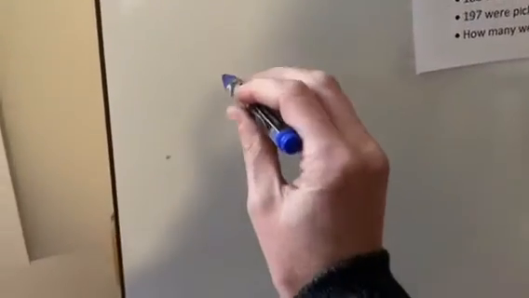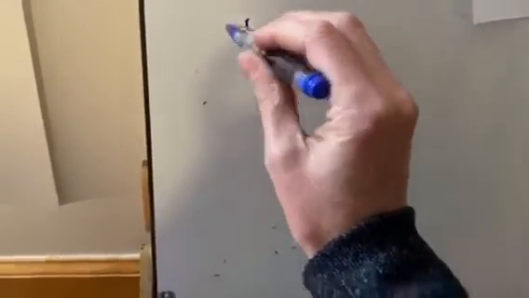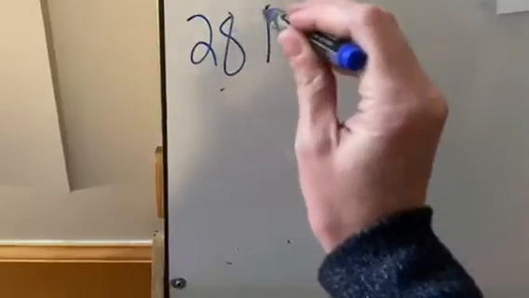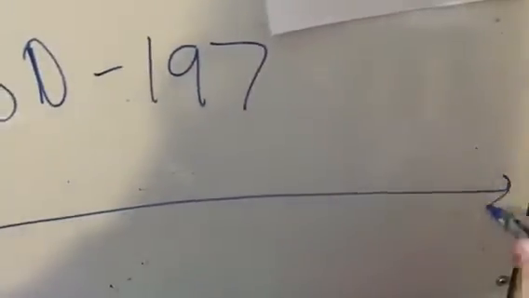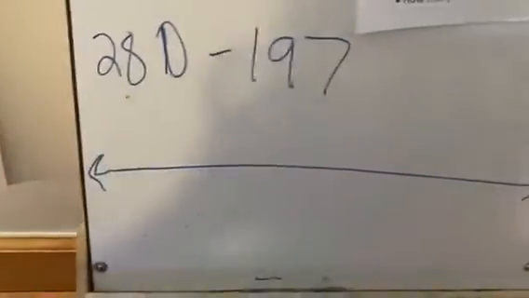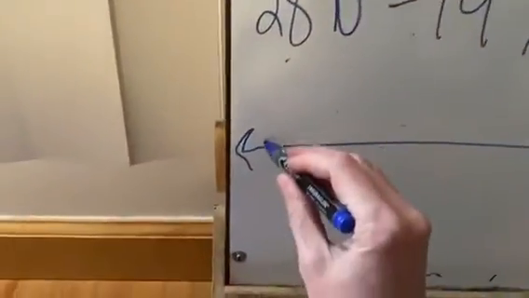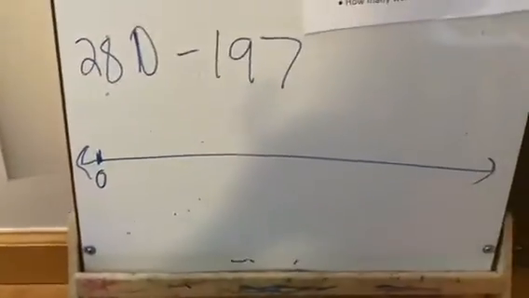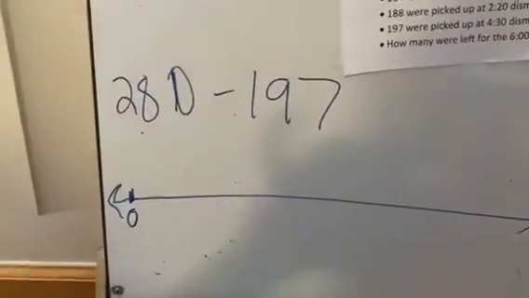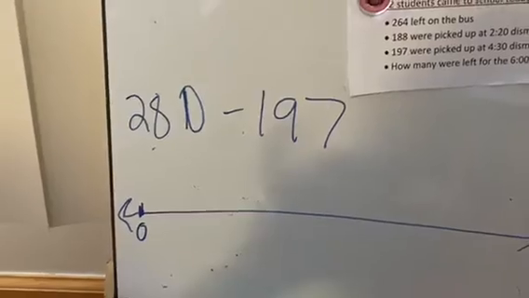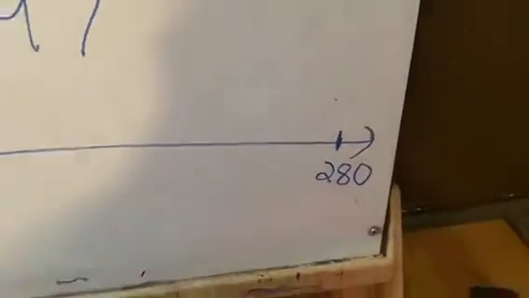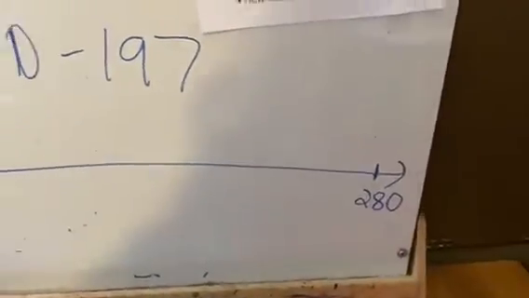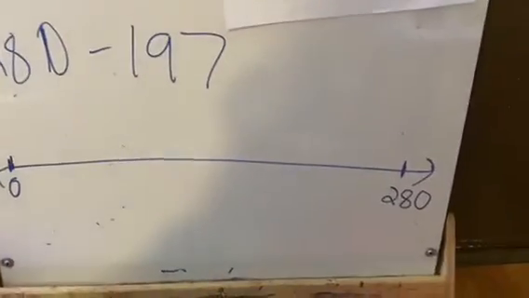With an open number line, if we're given an equation, so let's say 280 minus 197, we're going to set up a number line. The only number I'm going to put on it is 0 because I want to remind myself where my 0 is. Because we have a subtraction problem, we know that we're never going to get any larger than 280. So I'm going to put 280 all the way over here. The numbers will keep going on, but 280 is the biggest number that I have to deal with.